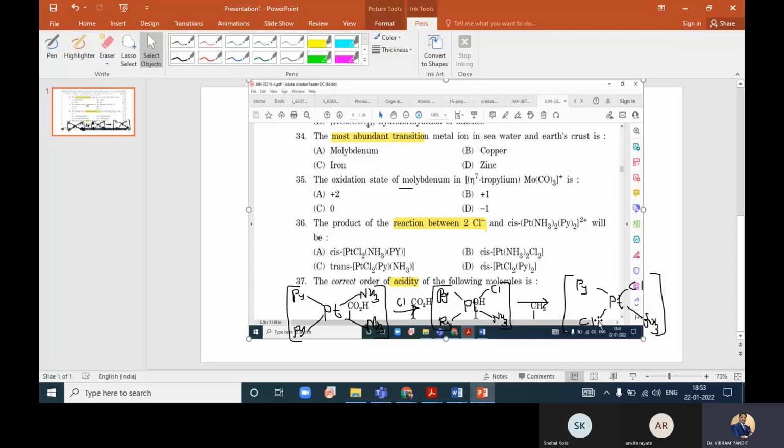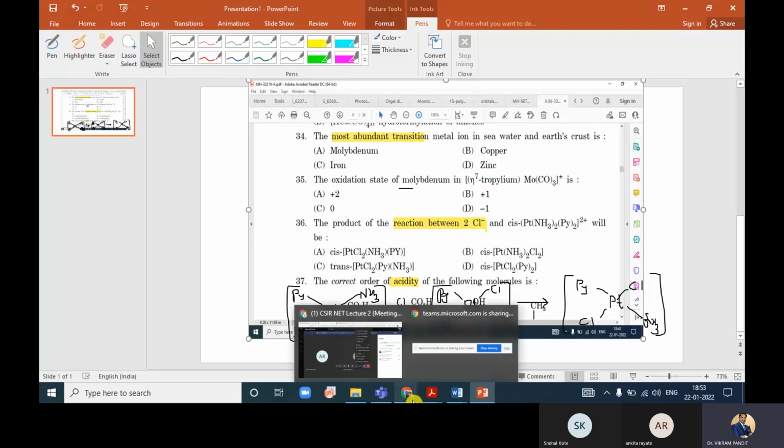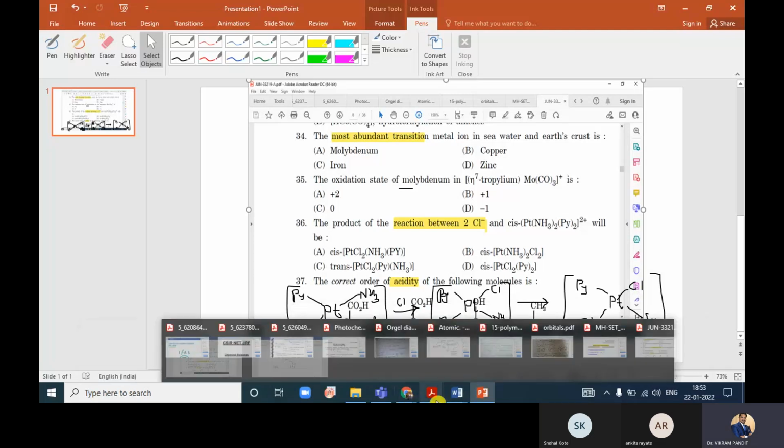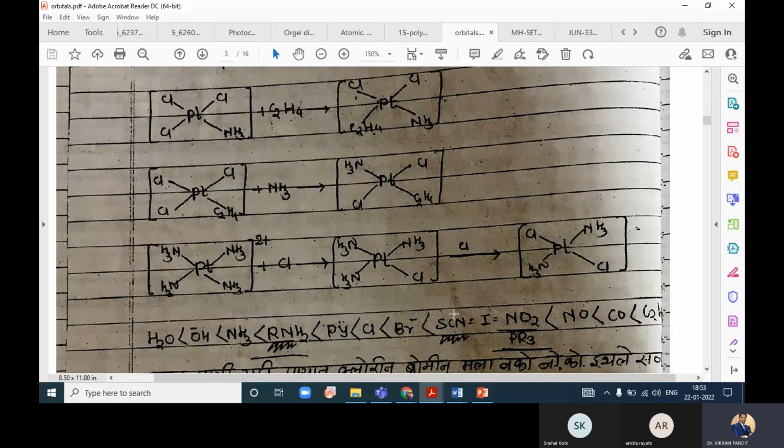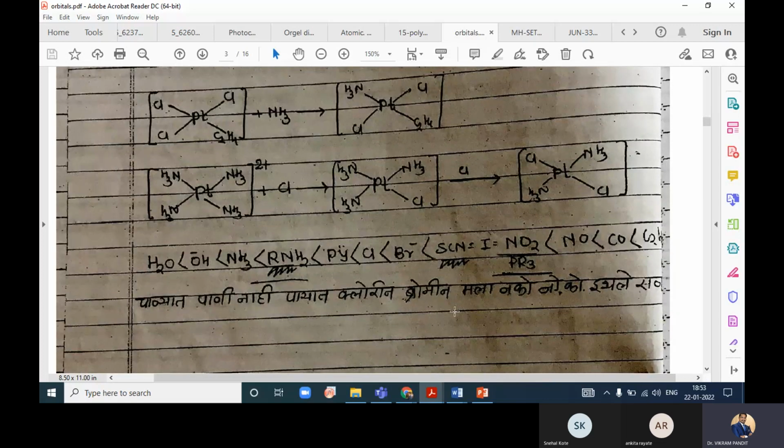It is just replacing the group which is present trans, and it is very clear. You can predict, or you can choose the correct answer. It is very simple to me because I know the series. I have the series in front of me, but how to remember and keep this type of series in mind, that will be a very big task.